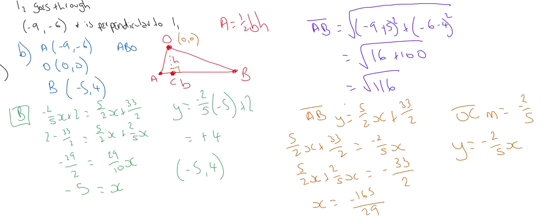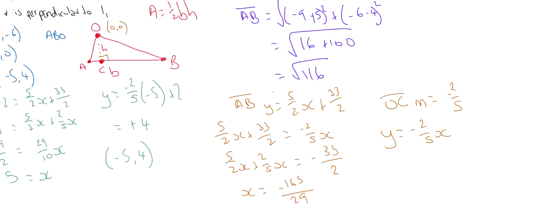And then I need the y coordinate, so I just put that back into y equals -2/5 x. So y is going to be -2/5 of -165 over 29, and that gives us 66 over 29.